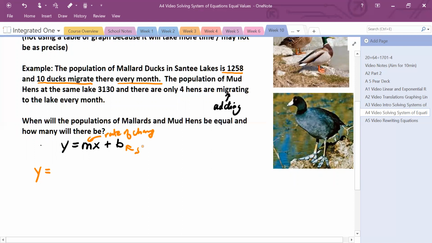And our starting value is going to be how much we've started with. So we have 10 ducks, that's our rate of change, and then our starting value is 1,258. I'm going to move this really fast.